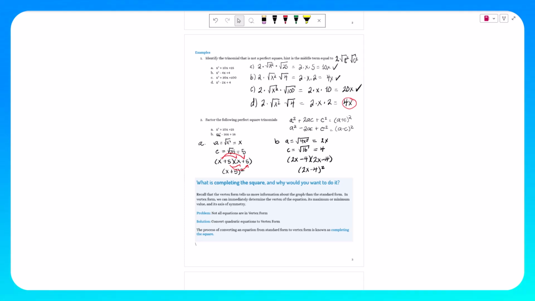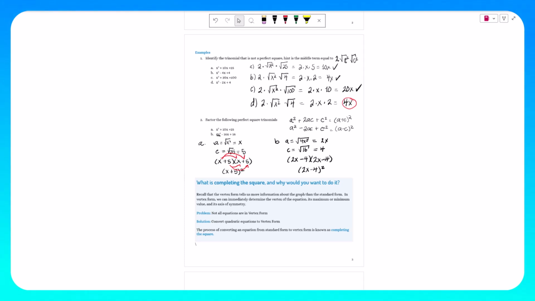We can immediately determine the vertex of the equation, maximums, minimums, domains, ranges, a lot more than, say, the factored form, which really is limited to the x-intercepts and kind of the orientation of it, in other words, the concavity, or standard form, which gives us the y-intercepts and the concavity.